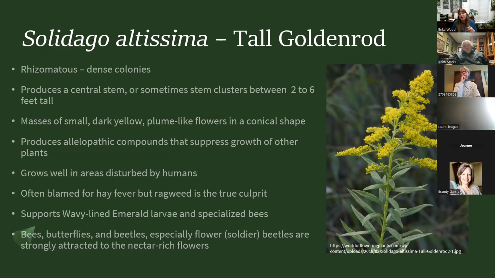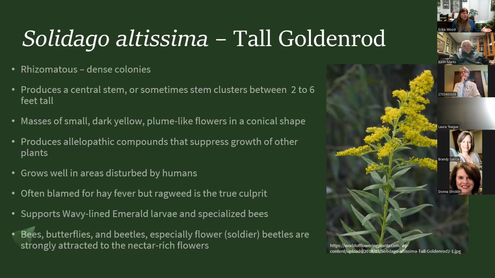With allelopathy, a lot of times these plants produce compounds, especially in their roots, that are toxic and prohibit the growth of plants nearby, so that this plant, goldenrod, can flourish and take over an area. So you have that chemical mechanism as well as the rhizomes it produces, and it can really create dense colonies of this plant. And with tall goldenrod, where it gets its name, these can get as tall as us, pretty much.